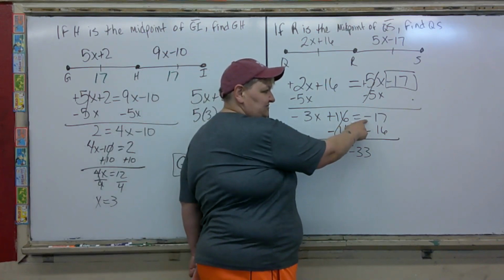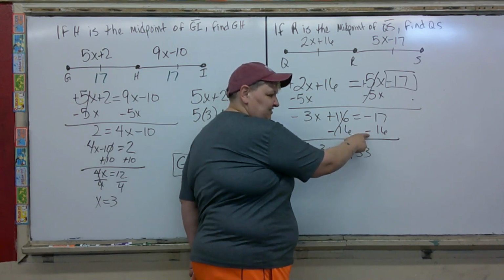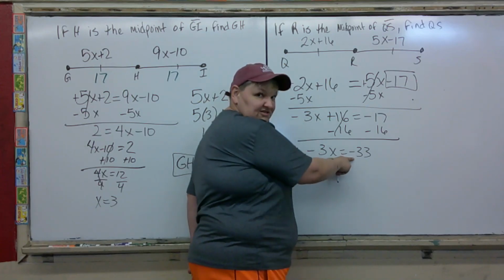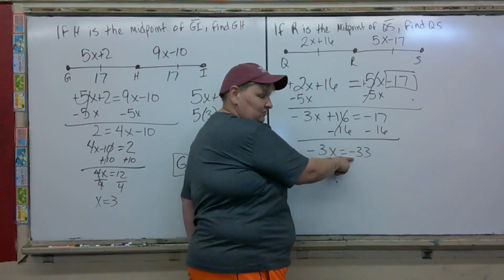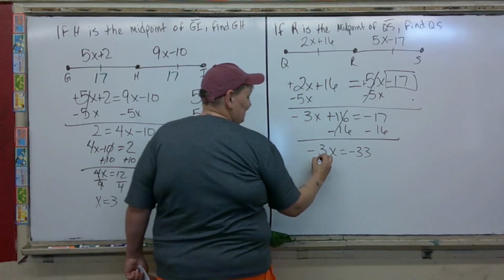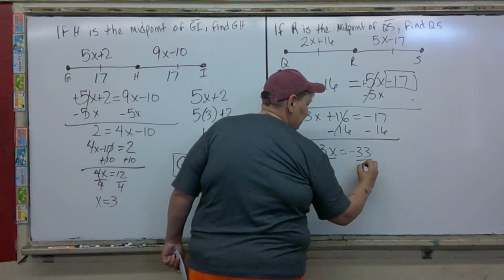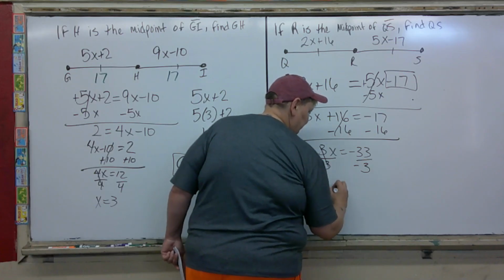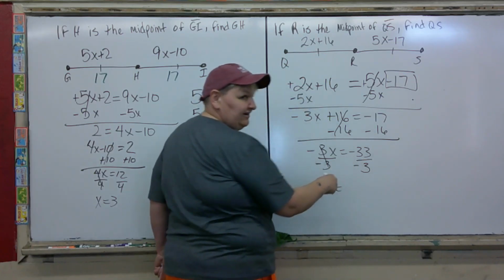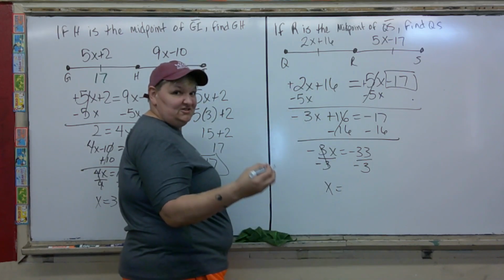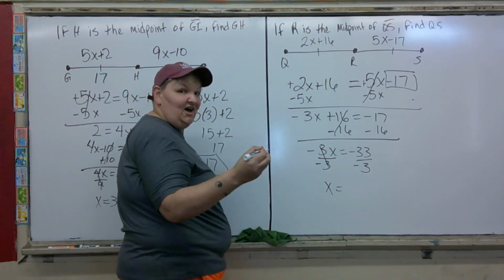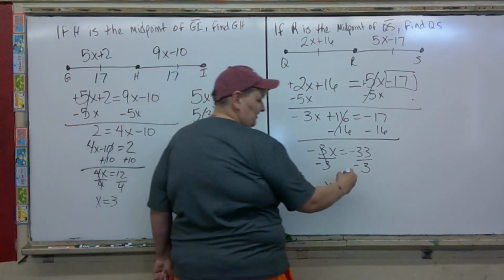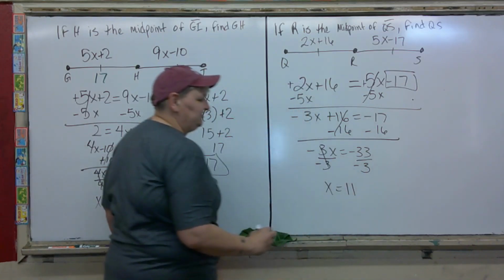It costs $17 and it costs $16, so it costs $33 in total. Divide by your negative 3 to isolate your x. A negative divided by a negative is a positive, just the same as a negative times a negative is a positive. Right? So positive 11 is your x.